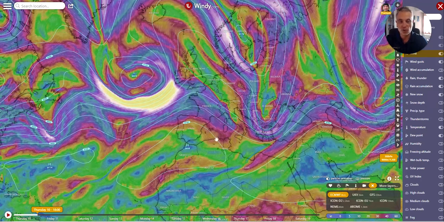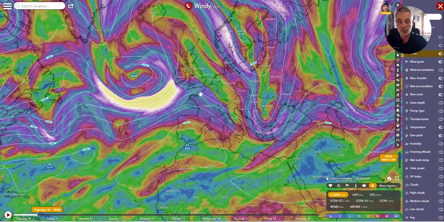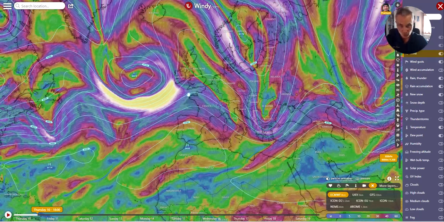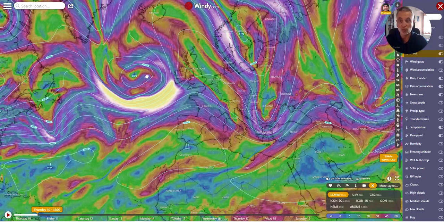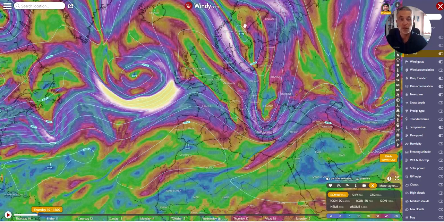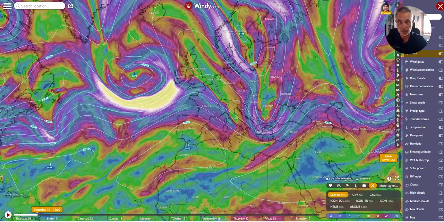So you would expect rather clear skies under this ridge to some extent, and more perturbed weather associated with this low pressure system you can see here, and also with the trough of low pressure. So let's take a look at that.